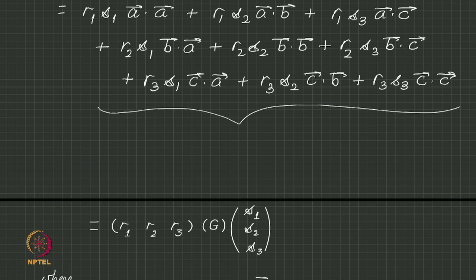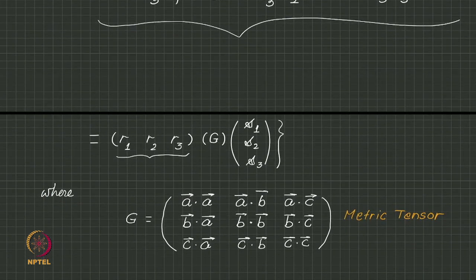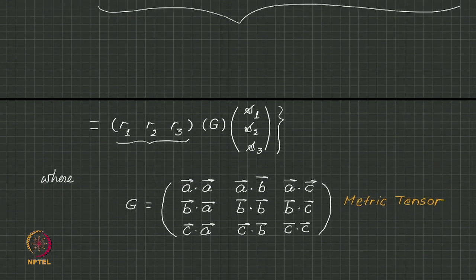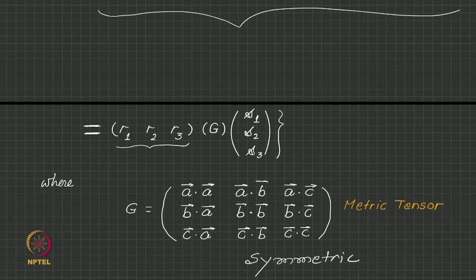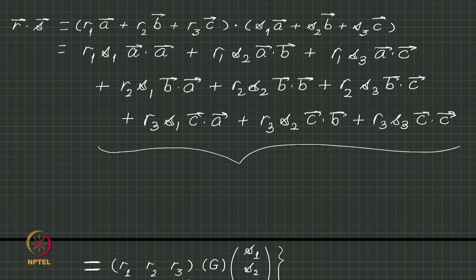We take the two component vectors, one as a row vector, one as a column vector, and in between write a matrix G of this form: A dot A, A dot B, A dot C, and so on. It is a symmetric matrix, you can see. And this equality you will have to work out and see.